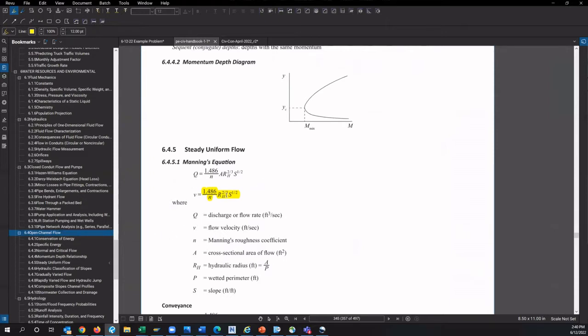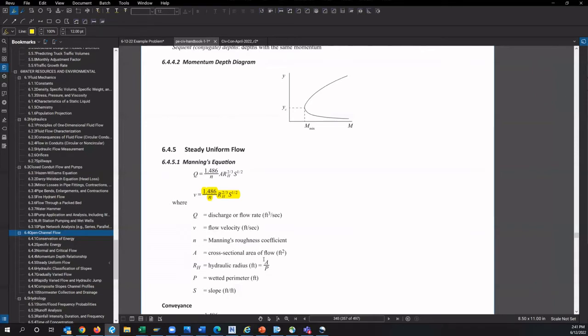The rest of the equation is 1.486 divided by N, which is Manning's roughness coefficient, multiplied by the hydraulic radius in feet. The hydraulic radius is a function of the cross-sectional area of flow, in feet squared, divided by the wetted perimeter, P. The wetted perimeter is only the distances that are touching the water, so you're not going to include the length exposed to atmosphere on the surface.